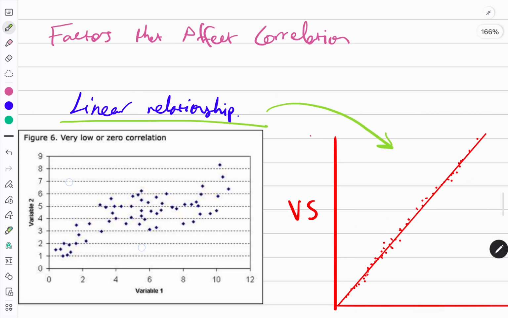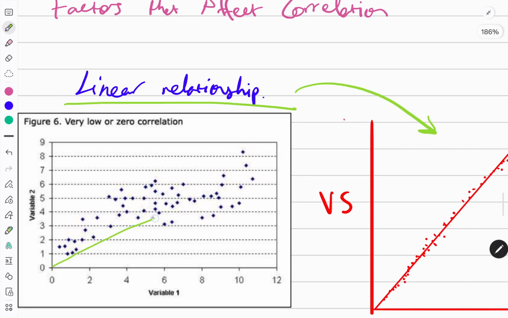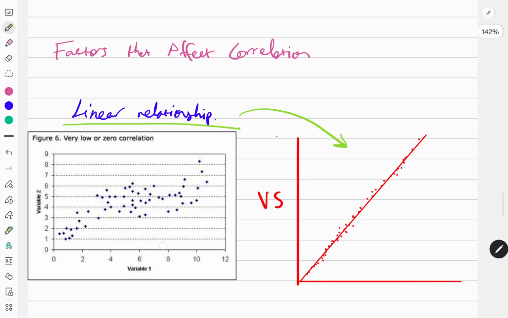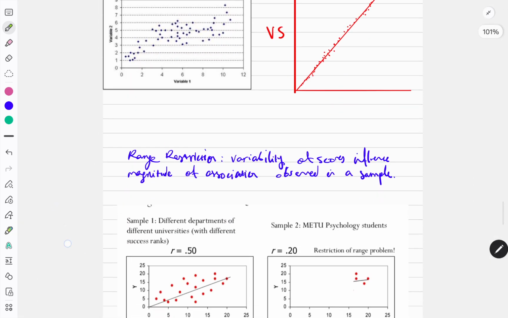But here we can't really see this. We can't really say that this is increasing in this way or anything. There's no significance in these data. They're just spread away kind of randomly, so we can't really detect anything from this.